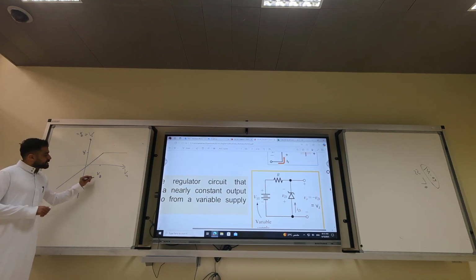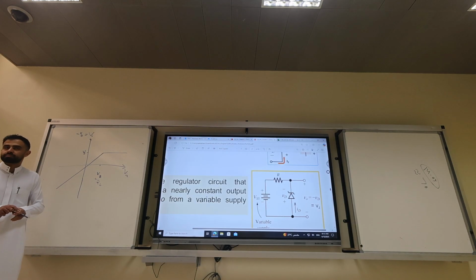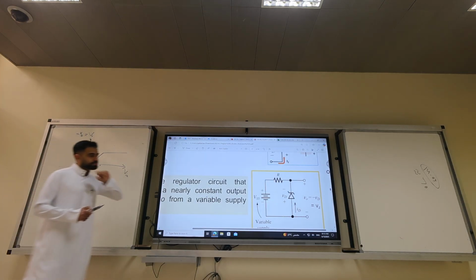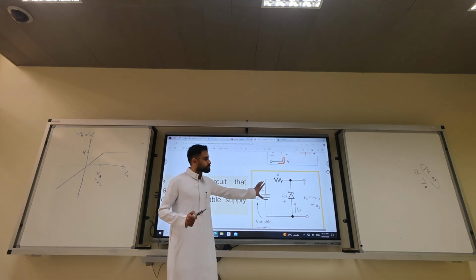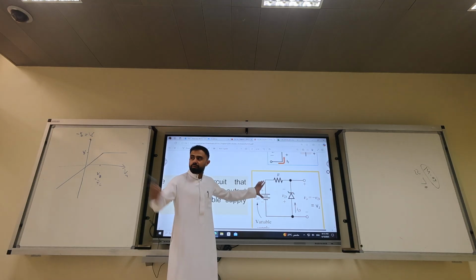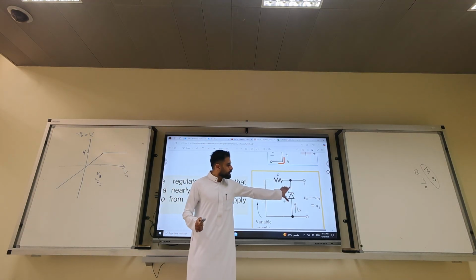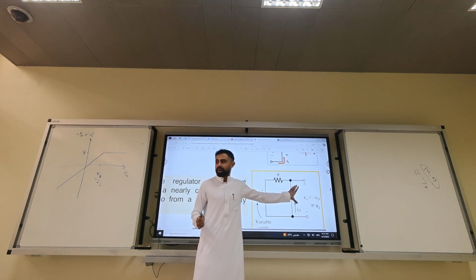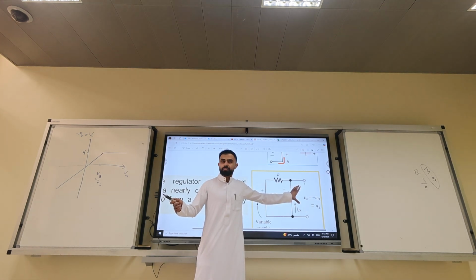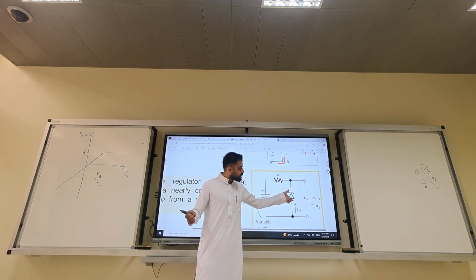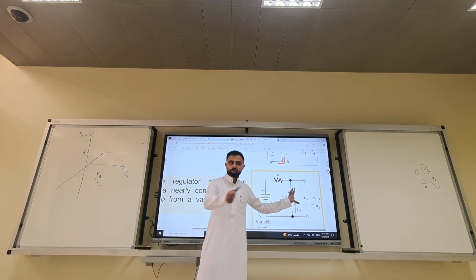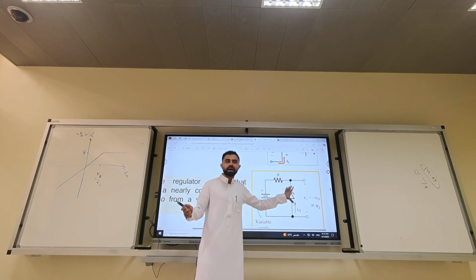Let's pretend VZ is 2 volt. If you apply 3 volt, you're applying across the diode -3. So what will be the output? 3. Across the diode is -3, the output will be, no, -2. The diode is on. The diode will act as a battery when it's on.